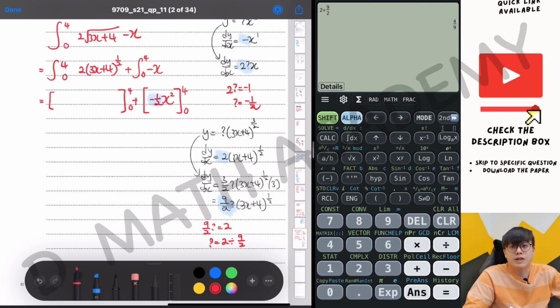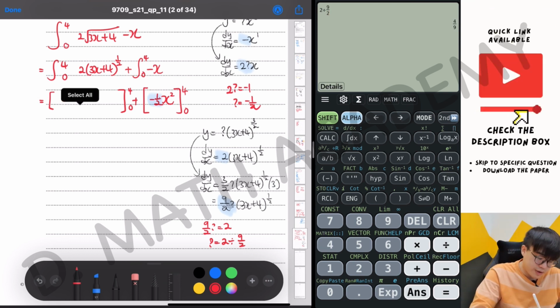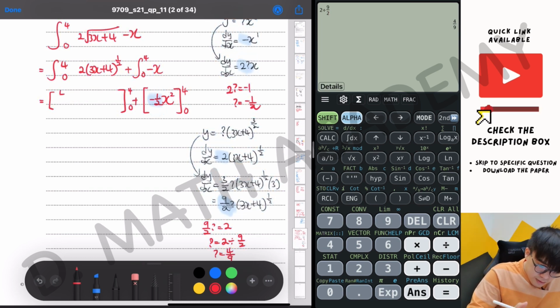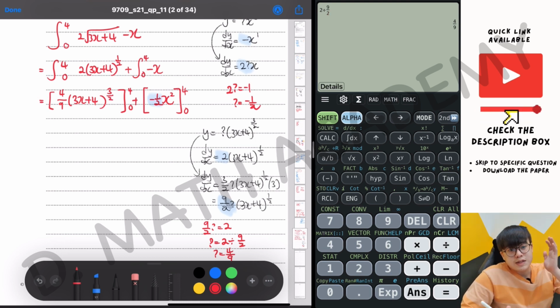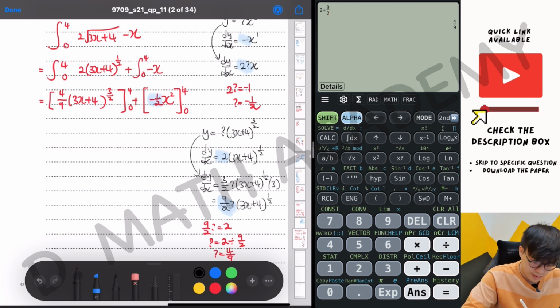You will get your answer as 4/9. So write this down. You will get your answer as 4/9 times (3x plus 4) to the power of 3/2. Substitute the 4 and 0 into it, then you will get your respective answers.